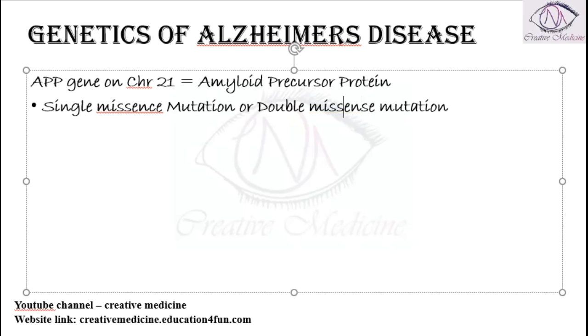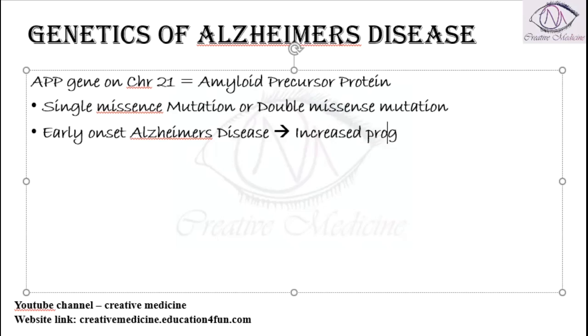Because of the single or double missense mutation, this will result in early onset Alzheimer's disease, which will have increased production of A beta amyloid. Okay, this is the APP gene.